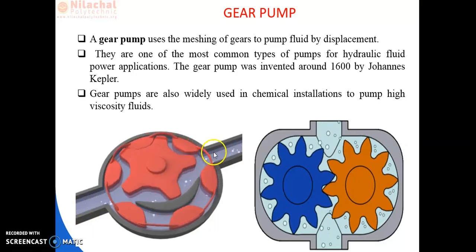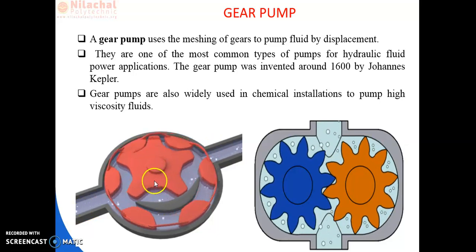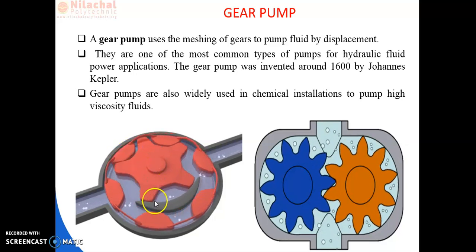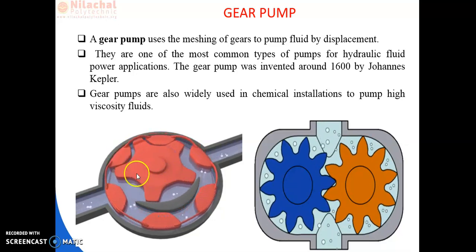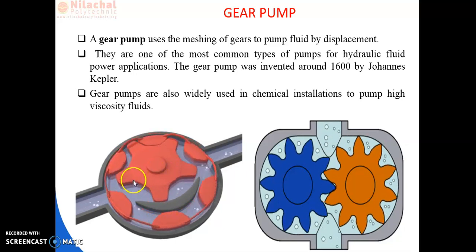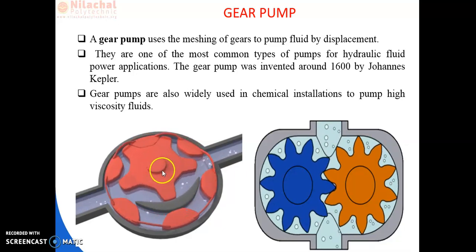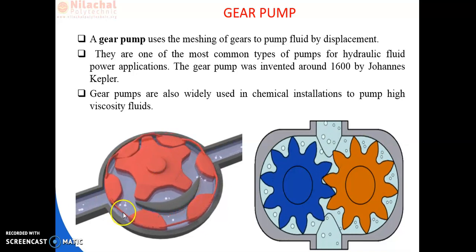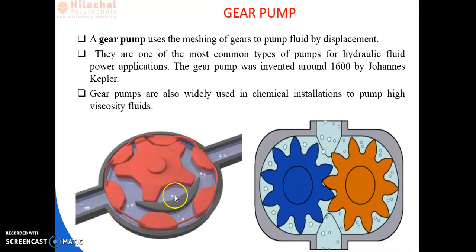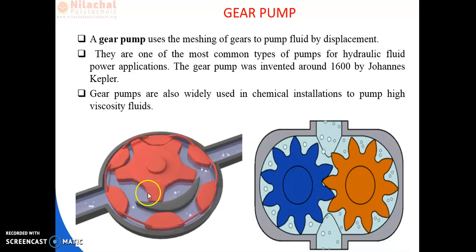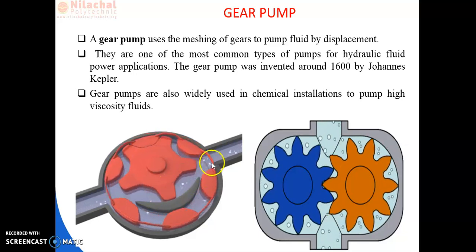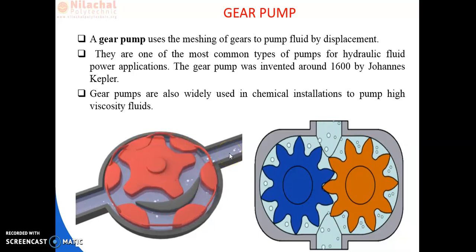As shown in the animation, the first gear whose internal surface is meshed with the other gear, we have seen that during this process the liquid enters the casing, and during this meshing of gears the amount of liquid is delivered at the outlet.